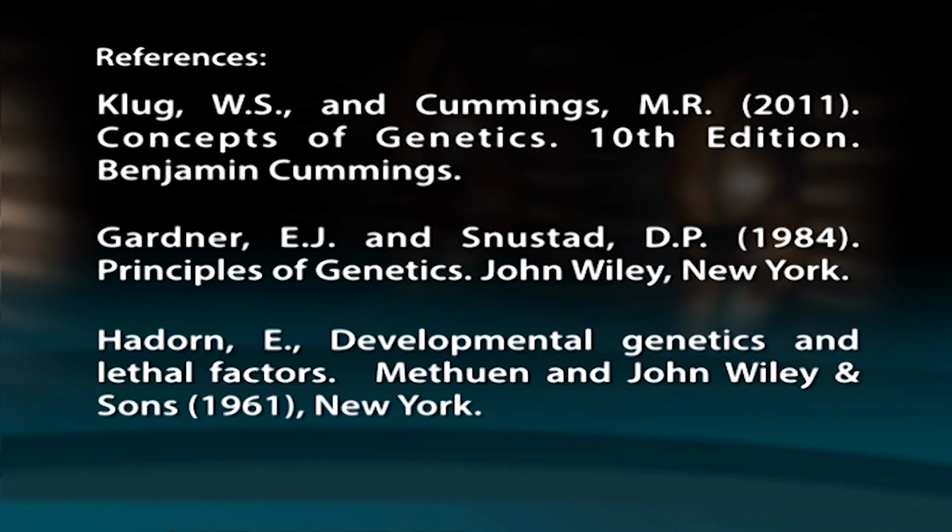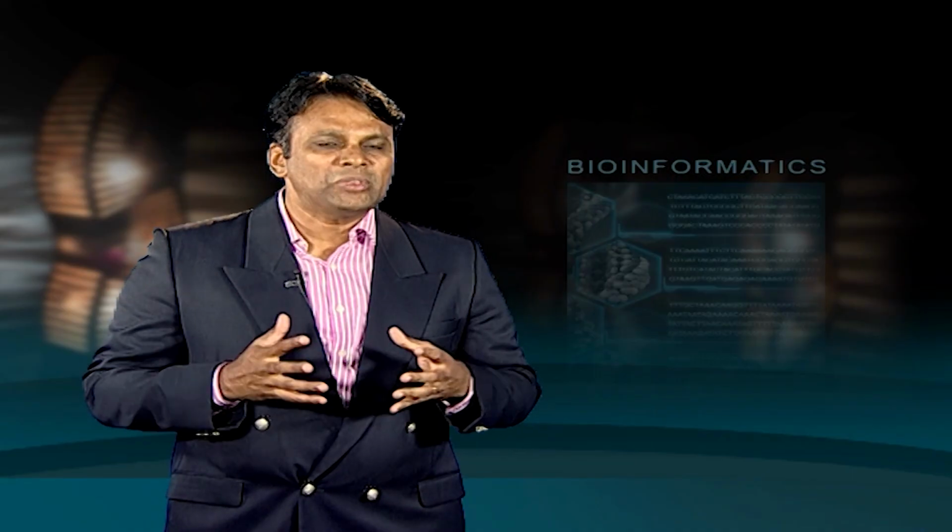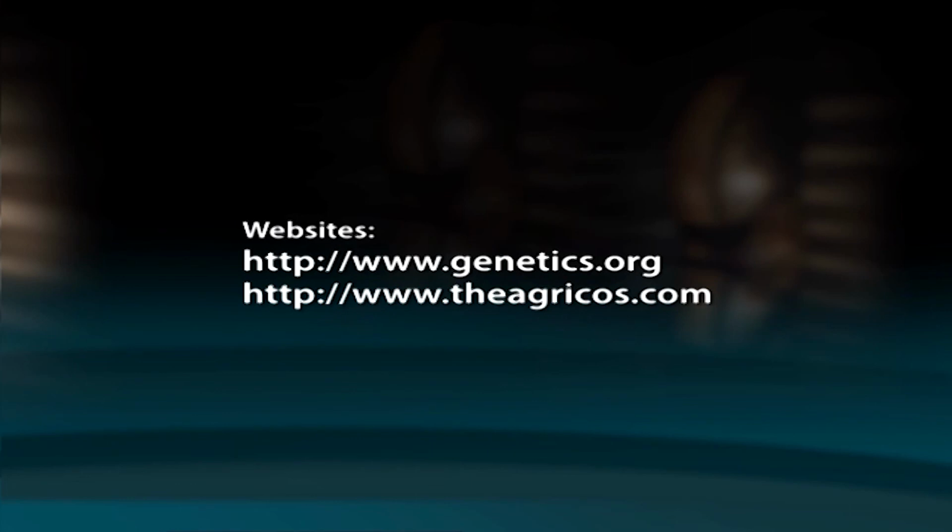A sixth reference is Developmental Genetics and Lethal Factors, authored by Hadorn in 1961, published by John Wiley and Sons, New York. There are some websites also for your further study. First one is www.genetics.org. A second one is theagricos.com.